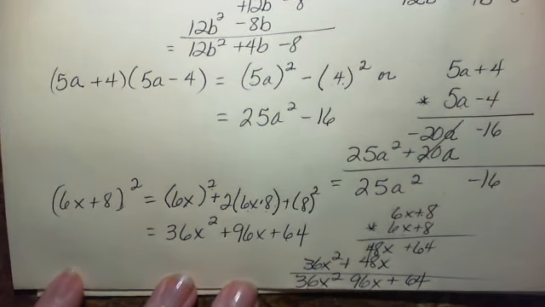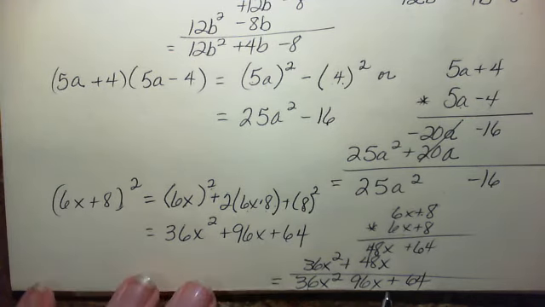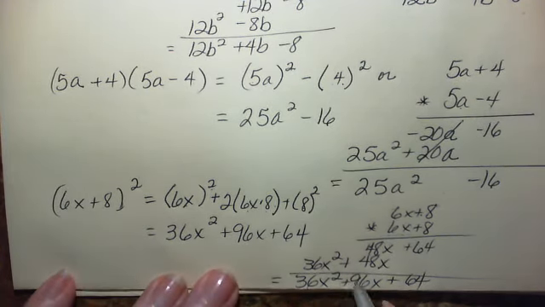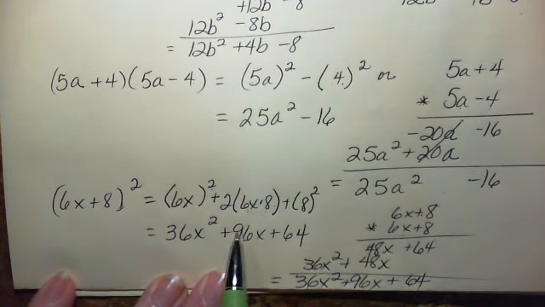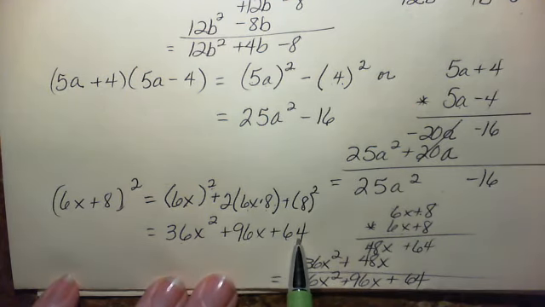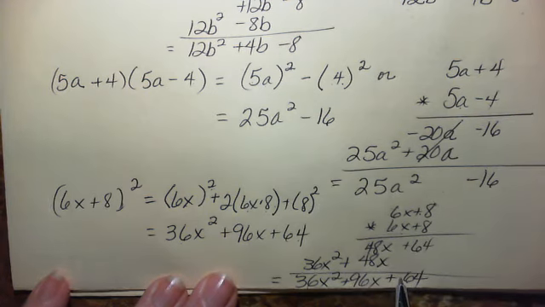And again, notice whichever way you show your work, if you show your work this way or if you do it by the pattern that you've memorized, you get the same result.